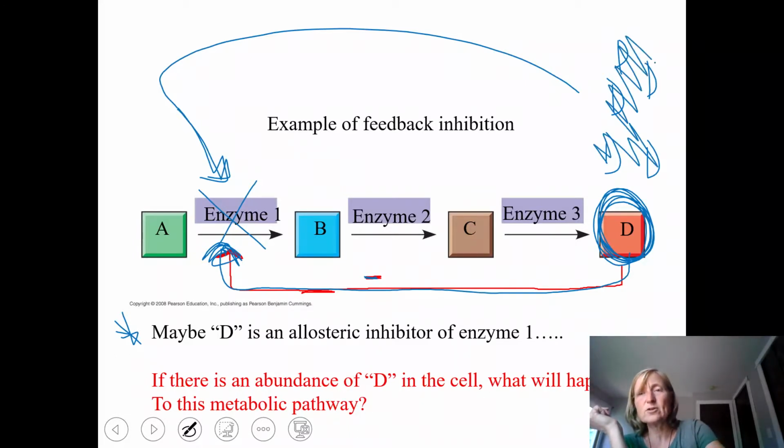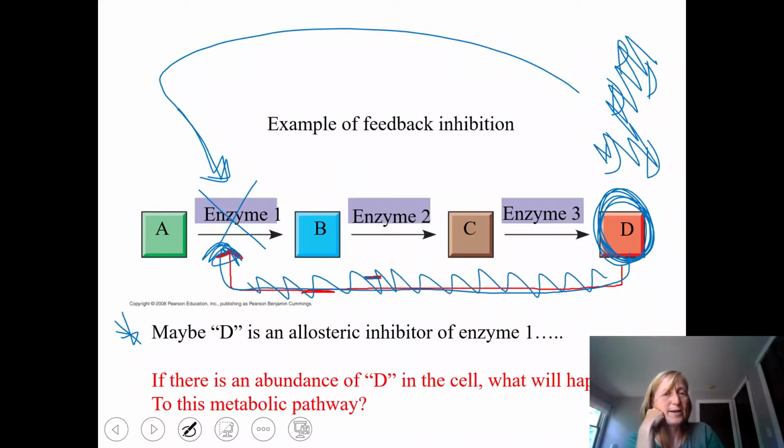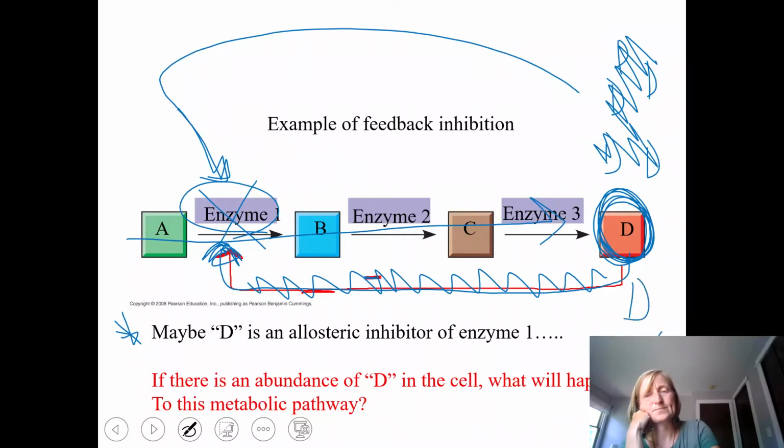But then there's not very much D. Then the level of D goes down, and what happens to the pathway? Well, with not much D, there's not going to be much to feed back on enzyme 1. Enzyme 1 should function, the reaction pathway should work, and we should get more D. This is a nice way for a cell to make enough D, whatever D is, and if there's too much D, to shut the pathway down.